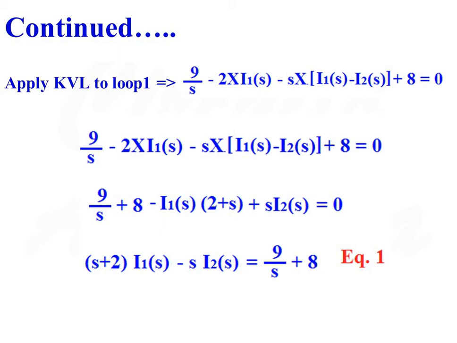Rearranging the terms, we will get S plus 2 into I1 of S minus S into I2 of S is equal to 9 by S plus 8. Equation number 1.